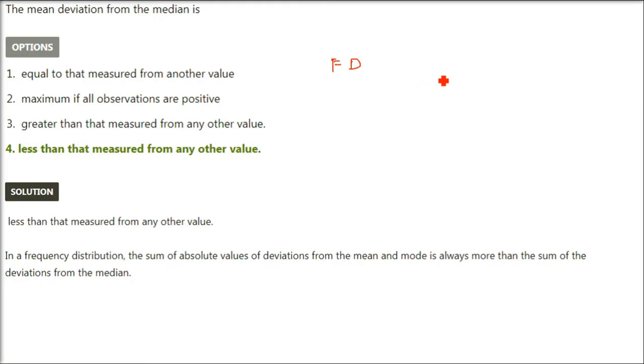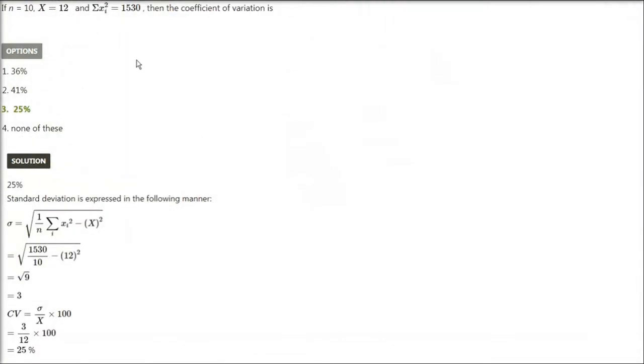Every time, these X values are there, we take the subtraction from the mean, from the mode and from the median. Not from mode, but mean and median we have seen in the discussions. So the simple answer is less than that measured from any value. That simply means in a frequency distribution, the sum of the absolute values of deviation from the mean and the mode is always more than the sum of the deviation from the median.